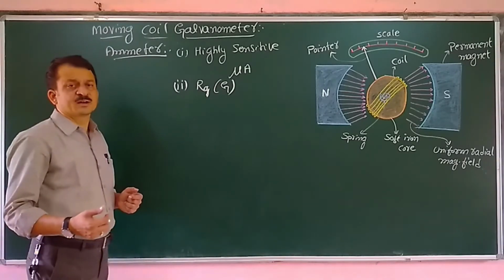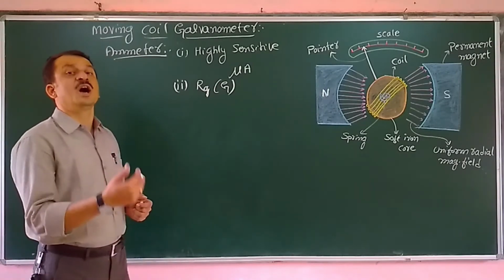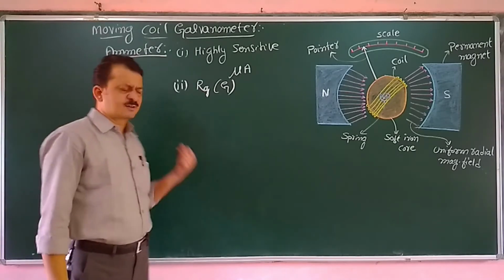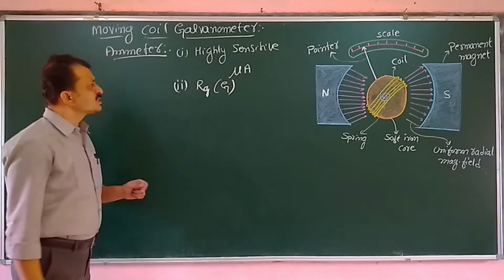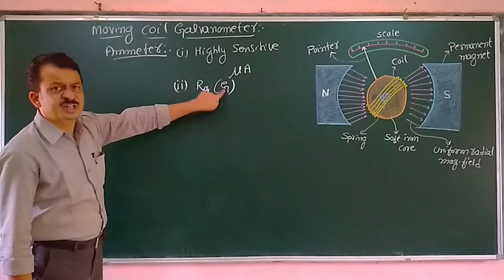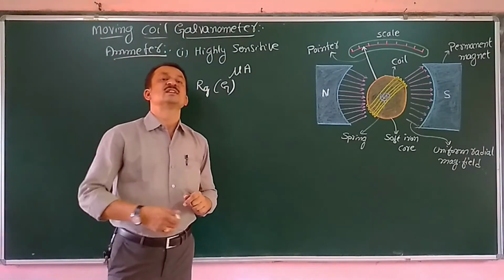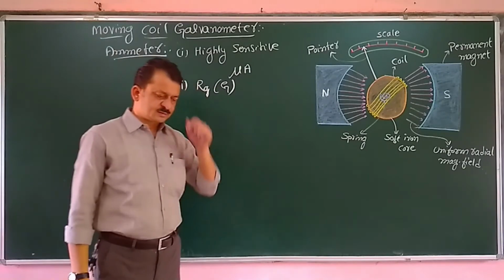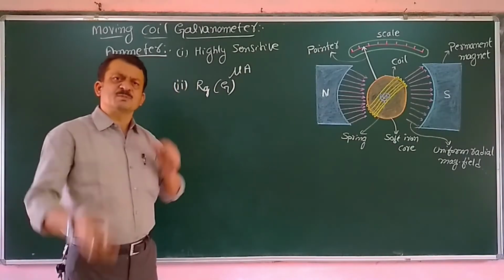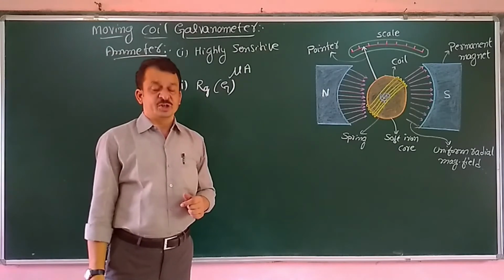Then how can you make the galvanometer into an ammeter? That is our concept. Since the galvanometer has a high resistance, I have to reduce the resistance of the galvanometer. Now in the third chapter we have studied series and parallel combinations of resistors.